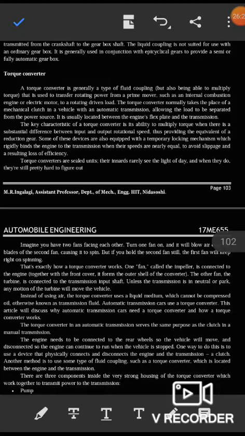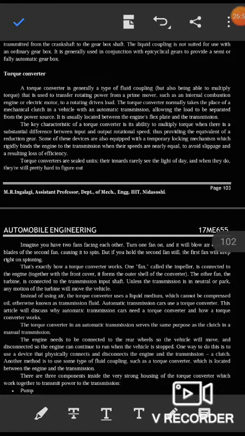The key characteristic of the torque converter is its ability to multiply torque when there is a substantial difference between input and output rotational speed, thus providing the equivalent of a reduction gear.